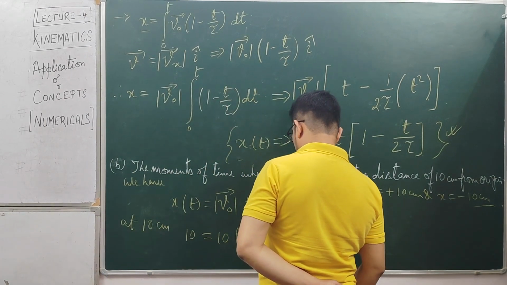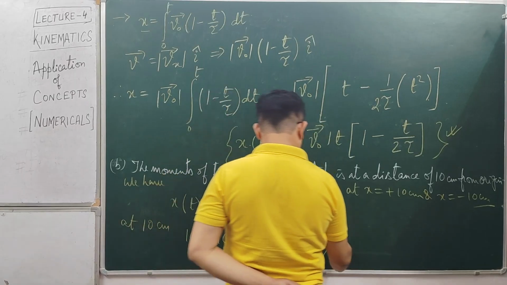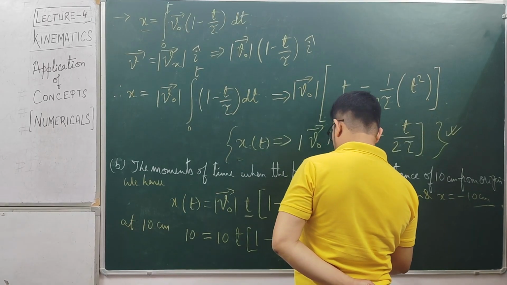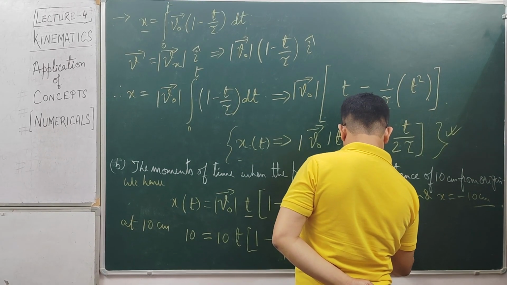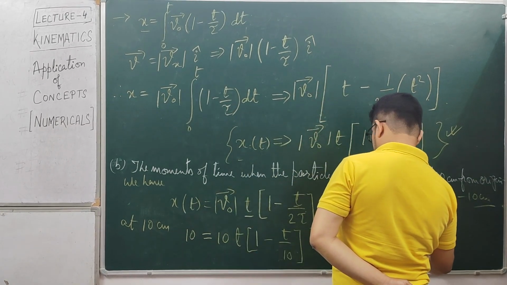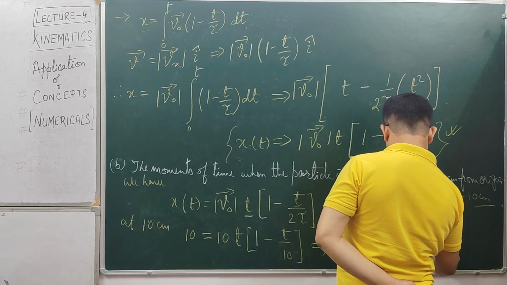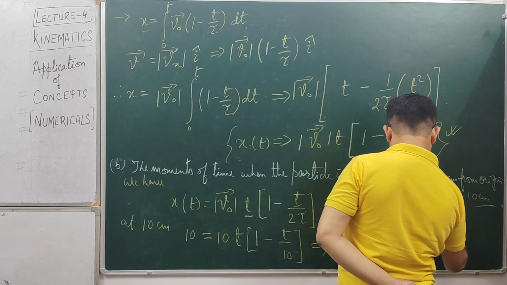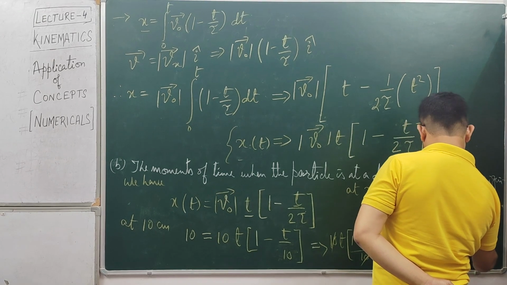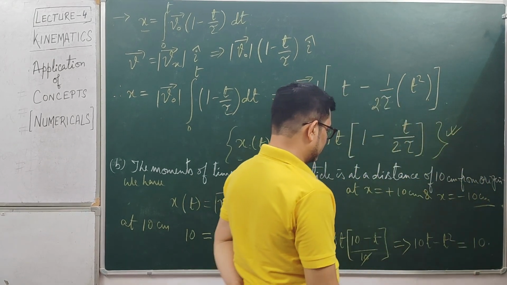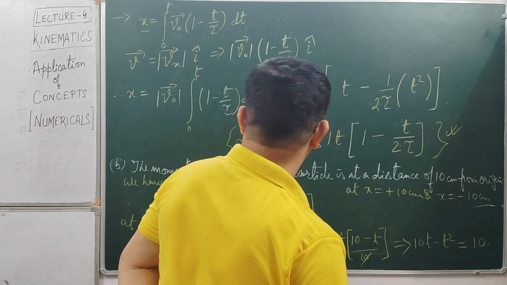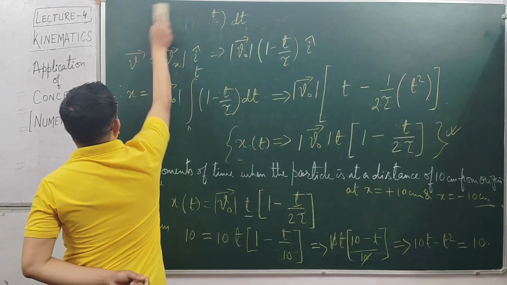Opening the bracket, it comes out to be 10t times 10 minus t over 10. The 10 gets cancelled, so it comes out to be 10t minus t squared. So 10t minus t squared equals 10, and we can solve this quadratic equation for t. Let's solve this and see what we get.